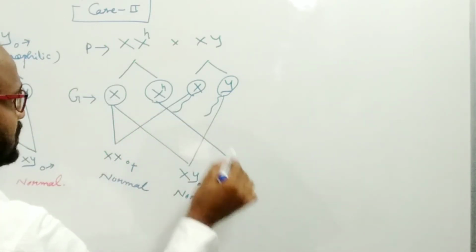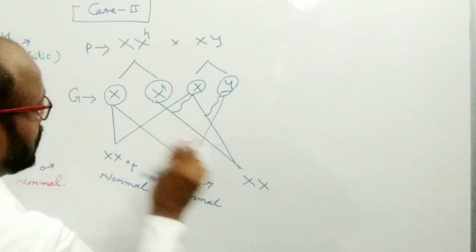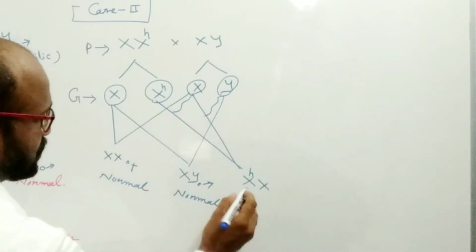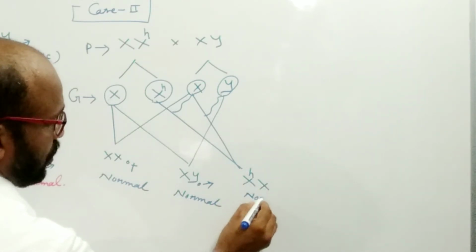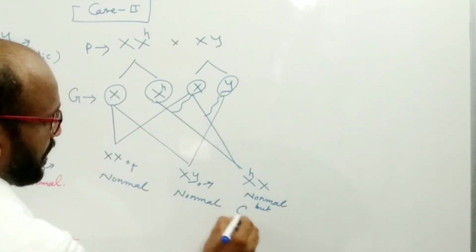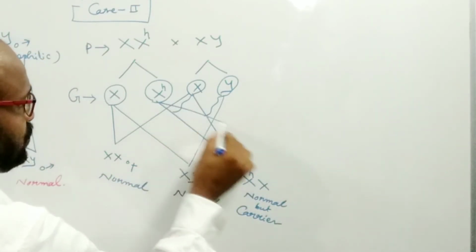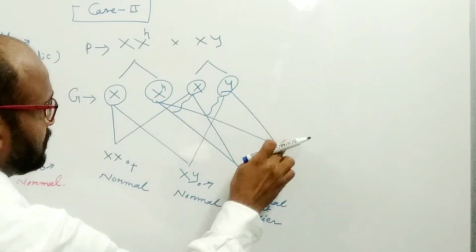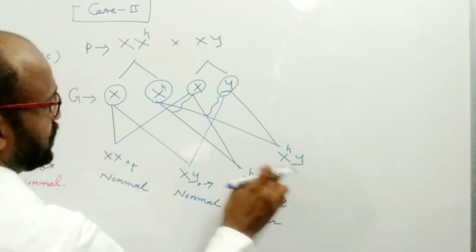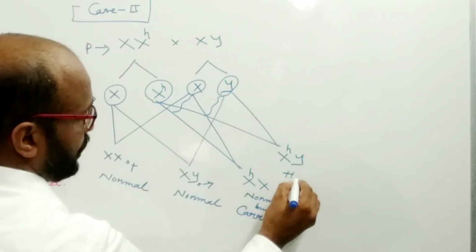If the fusion takes place between these two gametes, then the female individual contains one defective hemophilic gene, so it will be normal, but it is a hemophilic carrier. If the fusion takes place between these two gametes, then the male individual contains the defective gene, that's why it becomes hemophilic.